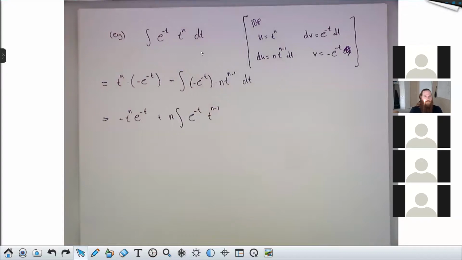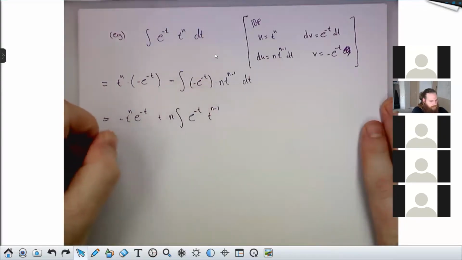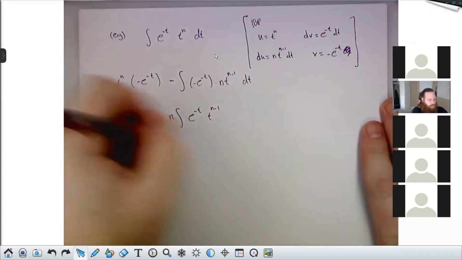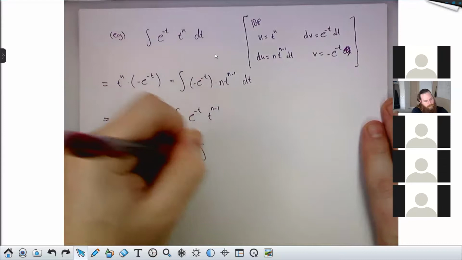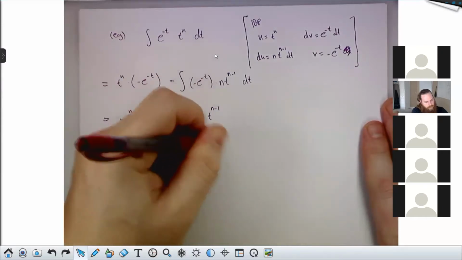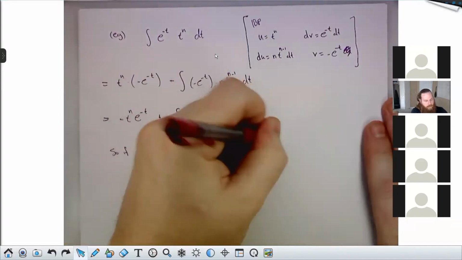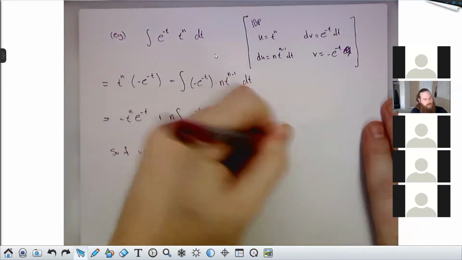And this is getting at what I called a minute ago a reduction formula. Let's give this thing a name. Let's call the integral of e to the negative t, t to the n dt, let's call that f of n.